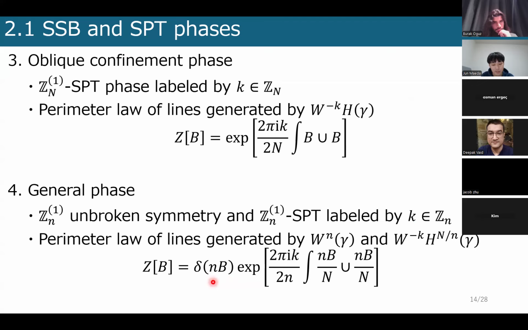So this is the partition function of the SSB phase, and this is the partition function of the SPT phase. This phase is characterized by the perimeter law of line operators generated by W to the n and this combination. So we can understand gapped phases of 4D SU(N) gauge theory by the Wilson-'t Hooft classification, or it can be understood by the behavior of the twisted partition function.